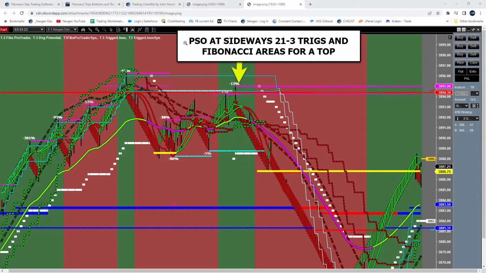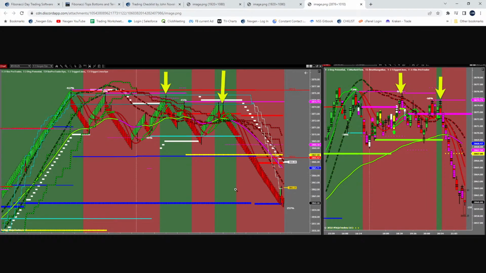This is a newer termination condition that I'm coming up with. Whenever you have a pivot stop out at sideways 21-3 large triggers superimposed on a smaller chart, it has a tendency to go the other way, which some would say could be a counter trend trade. And again, I have a bunch of these in the advanced chart reading section.